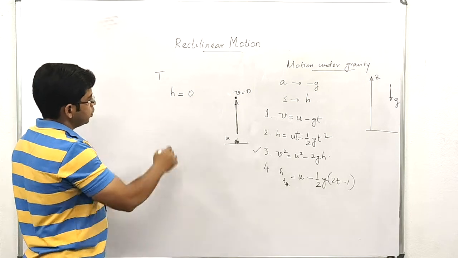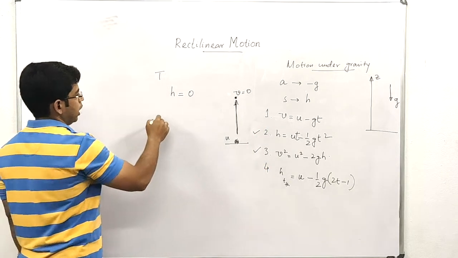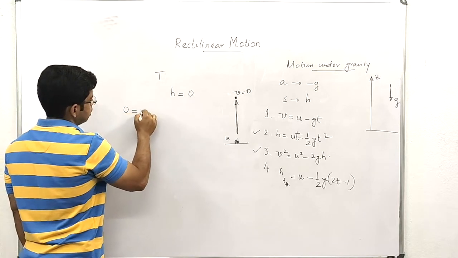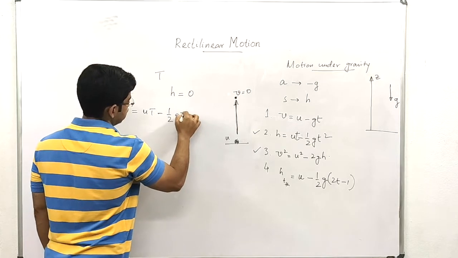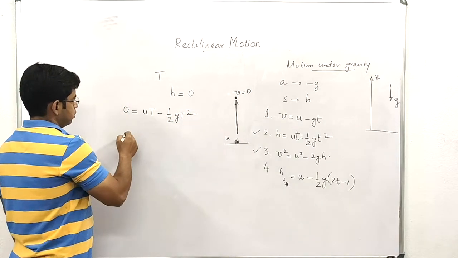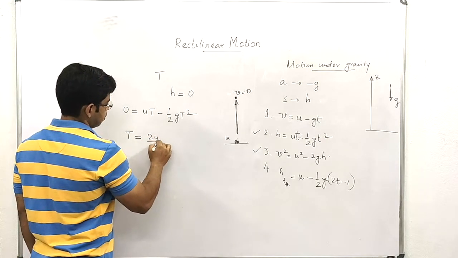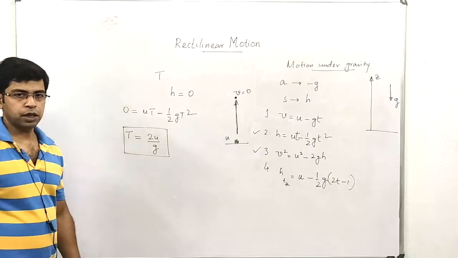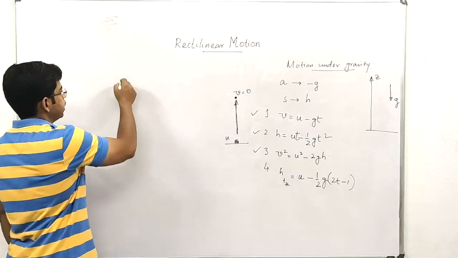So we put h equals 0 in equation 2 and put capital T in place of small t, so we will get uT minus half gT square. So we get T equals 2u by g. This is another useful equation in motion under gravity. Now let us calculate the time of ascending.